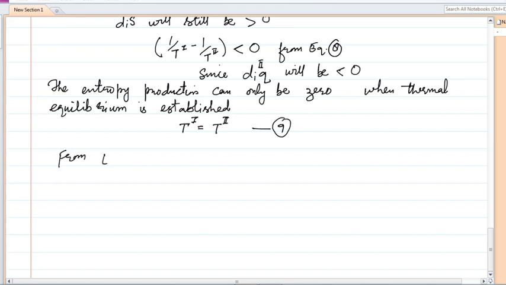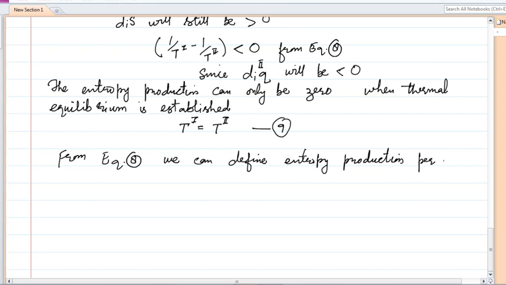So from equation 8 we can define, and this is very important, the entropy production per unit time. Per unit time, this is a very important quantity, the entropy production per unit time.